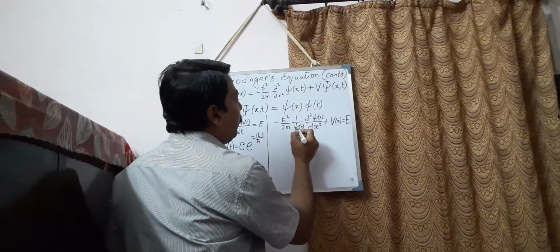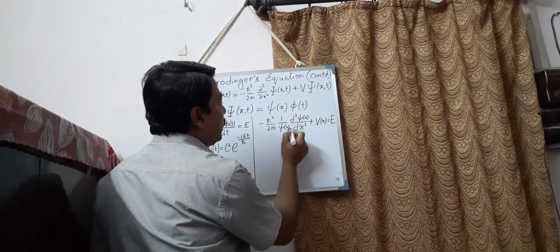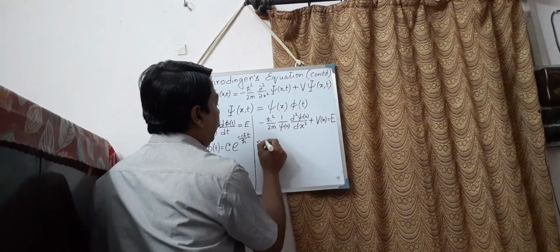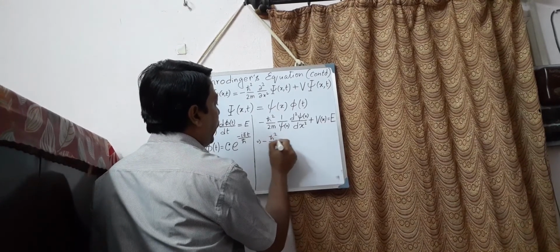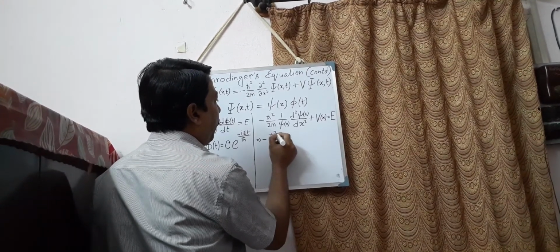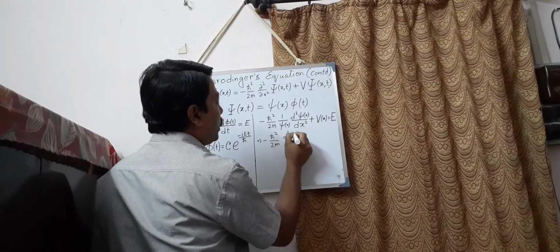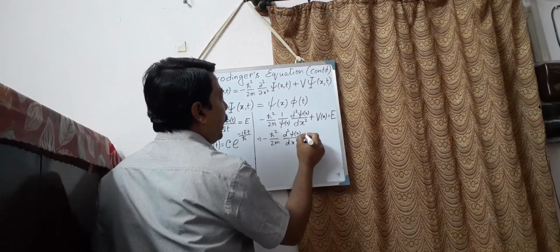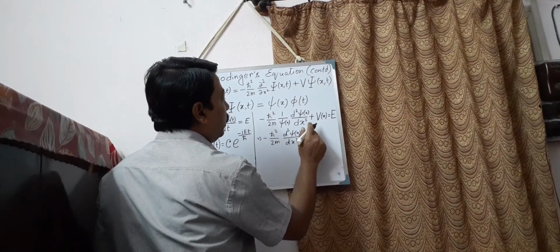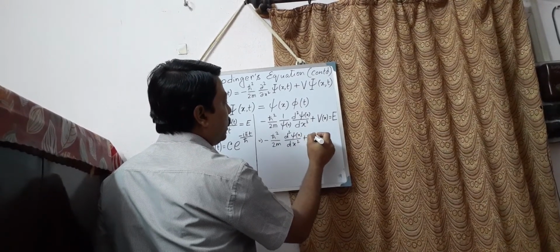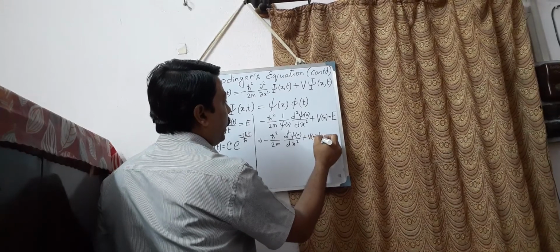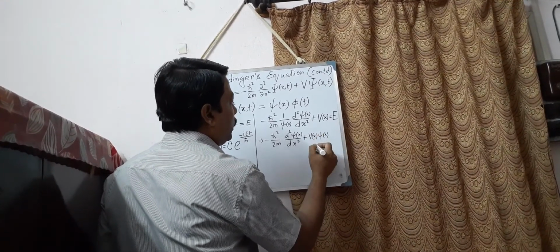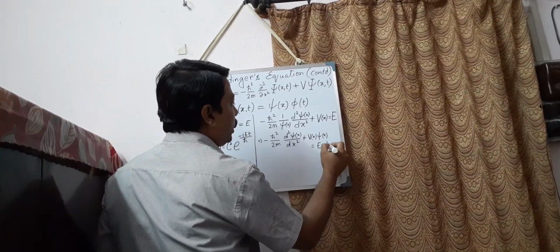So this is our equation that we get out of the method of separation. So if I multiply this equation throughout by this small psi x, that gives me minus h cut square by 2m d2 psi dx square plus V, which is a function of x, into psi x is equal to E into psi x.